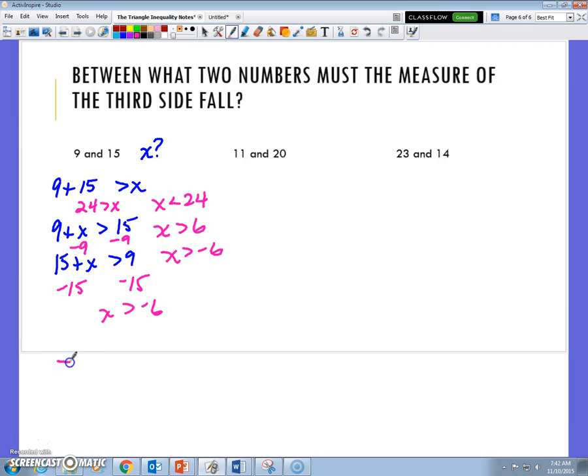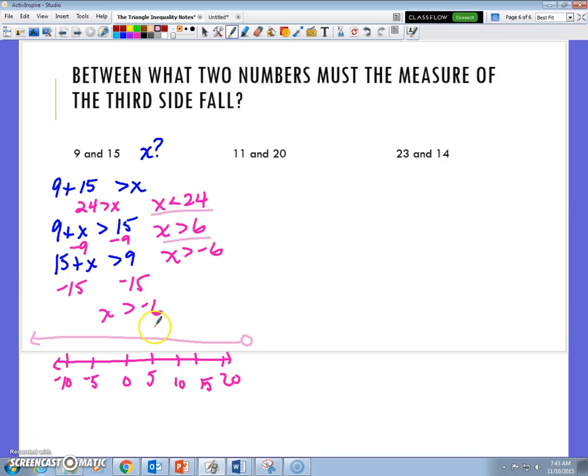So when I model these, let's just go by the same standard we did last time. Let's just take a look here. It looks to me like x is less than 24, so not including 24. x must be greater than 6, and x must be greater than negative 6.